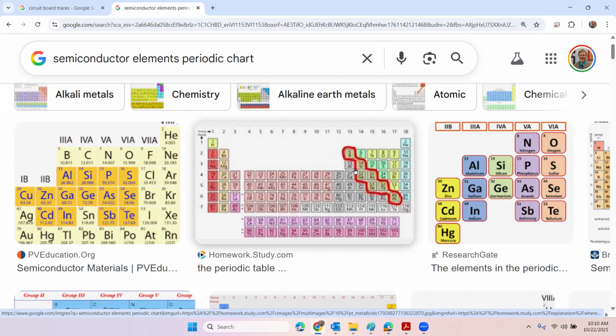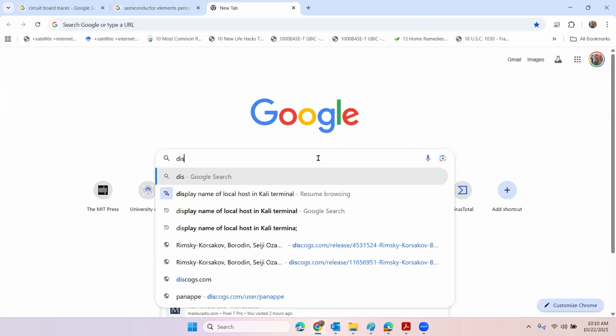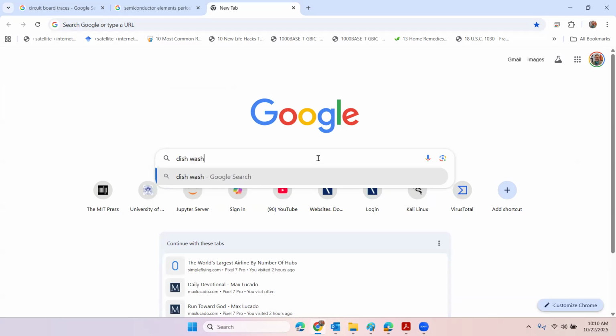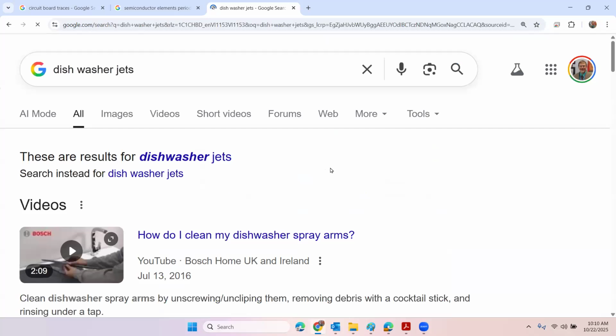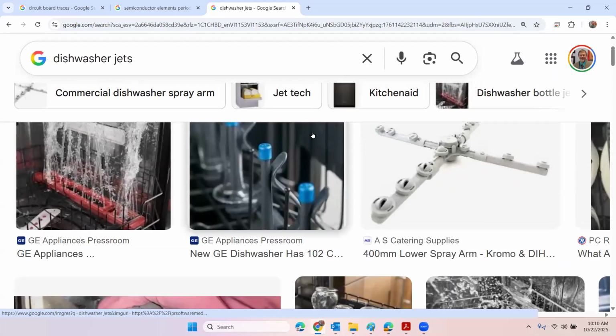And so if you want to consider what digital components do, how many of you have washing machines? Have we talked about the washing machine phenomenon? No, I don't think so. This is the inside of a dishwasher. Can you see this? Yeah.